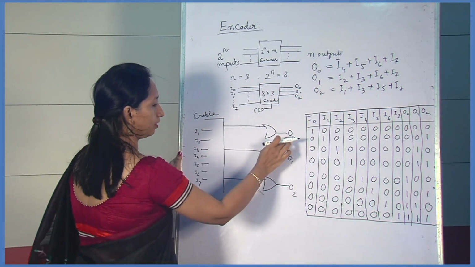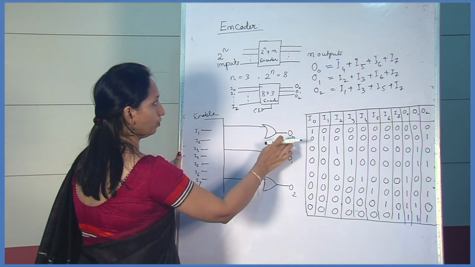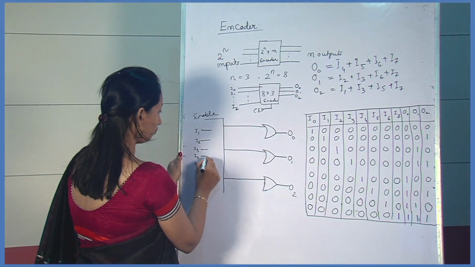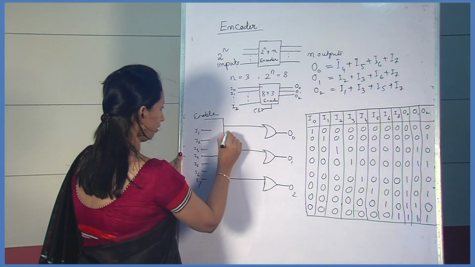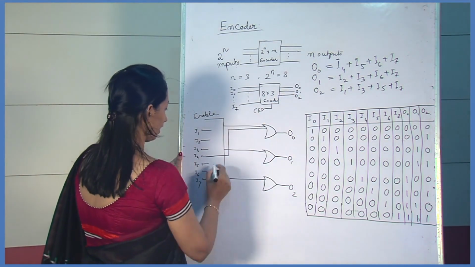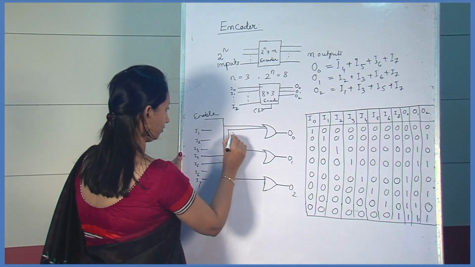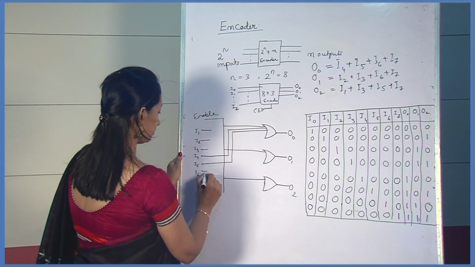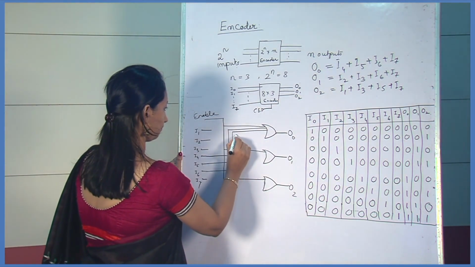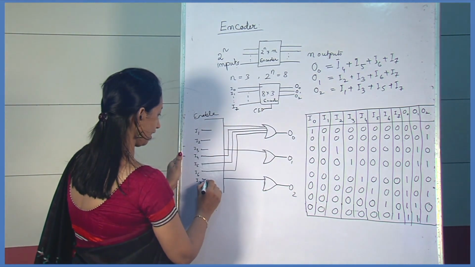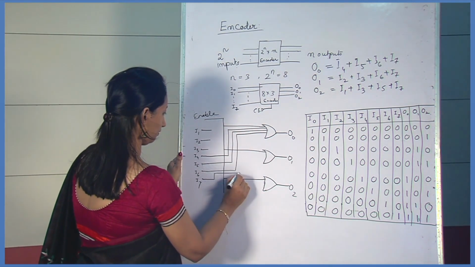So for output O0, the inputs are I4, then I5, then I6 and I7.